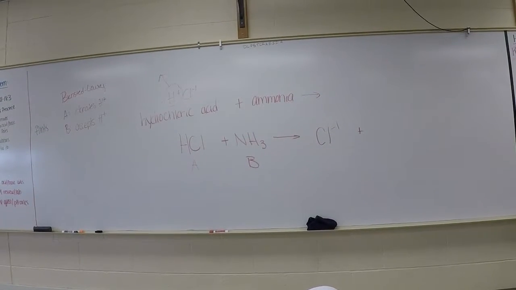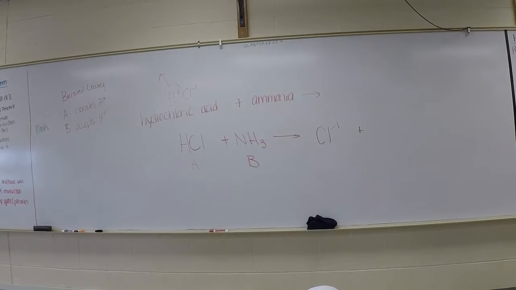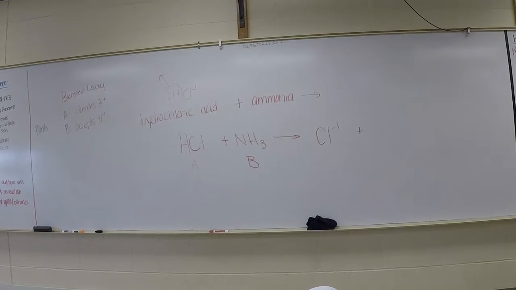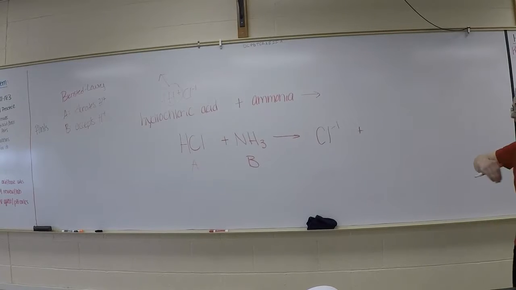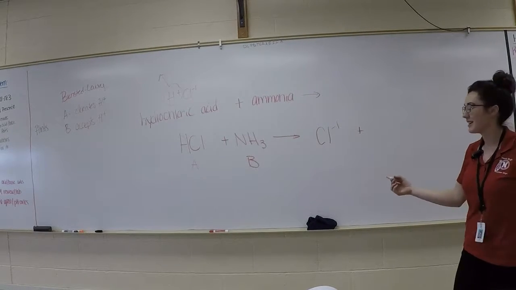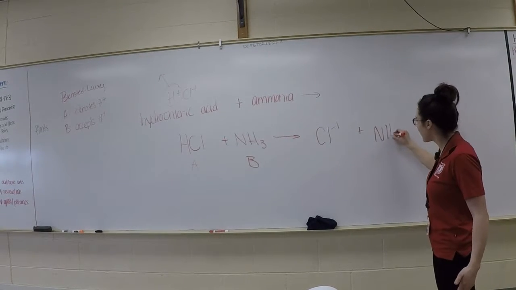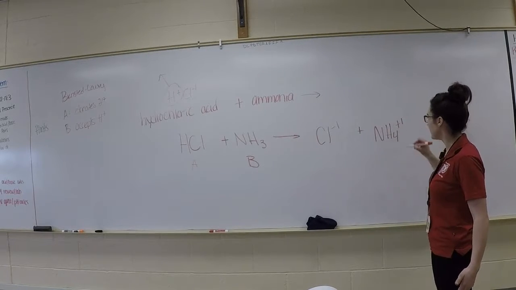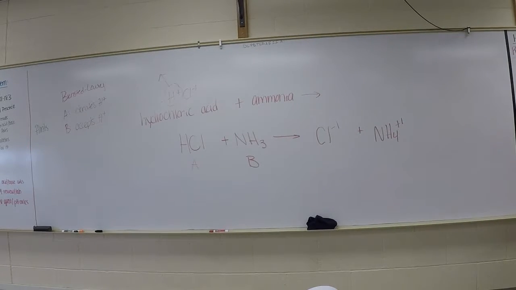And NH4, or dang it, I just keep giving away all the good stuff. But I didn't give away everything. NH3 is the base, so it accepts the H+, so what does it become? NH4 plus 1. Yes, gained an H+, we need a positive. All right. HCl is paired with who?